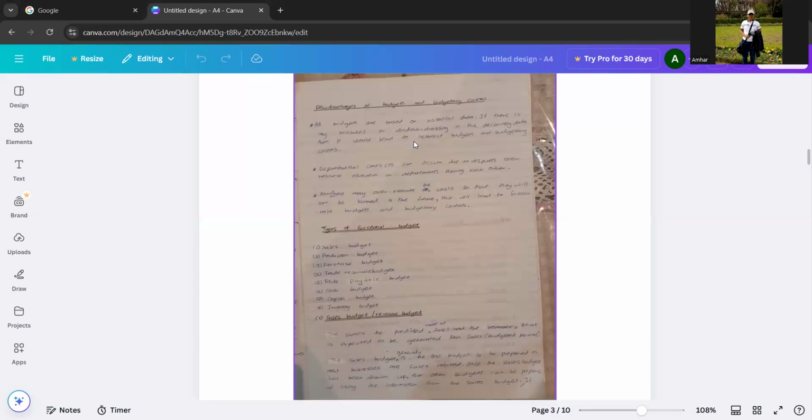Now look at the second point. Departmental conflicts can occur due to disputes over resource allocation or departments blaming each other. So that means there may be some departmental conflicts, fights between them. For example, let's say the first department has only two labors, and the second department has only six labors.